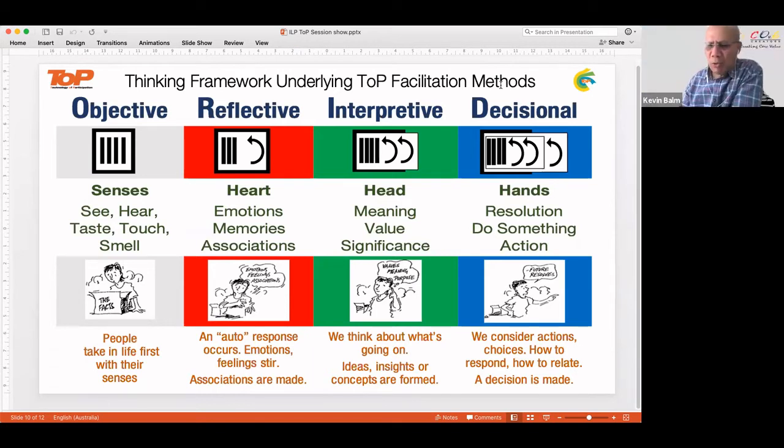Introducing you now to one of the foundational meta structures underlying the technology of participation methods. In many ways, it is the meta structure to ToP. It is this structure that was pioneered on that student campus in Austin, Texas, in the 50s and early 60s.